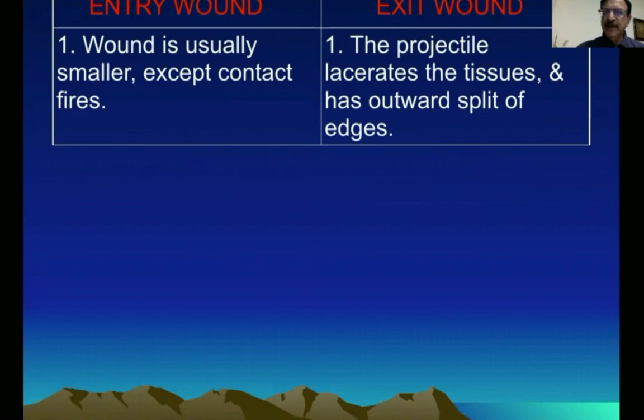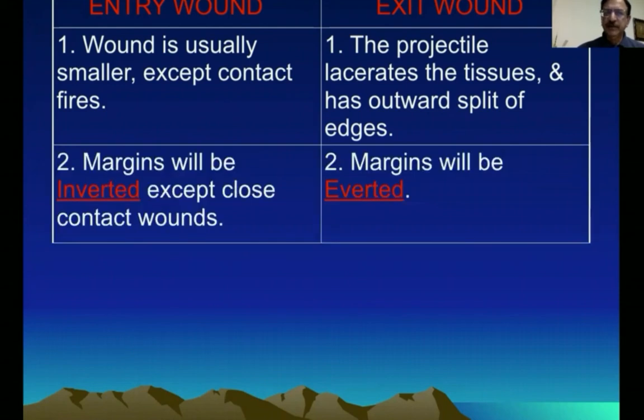The projectile in the exit wound lacerates the tissue and the margins will be everted. In the entry wound, the margins will be inverted except in close contact wounds. And at exit, the margins will be everted.